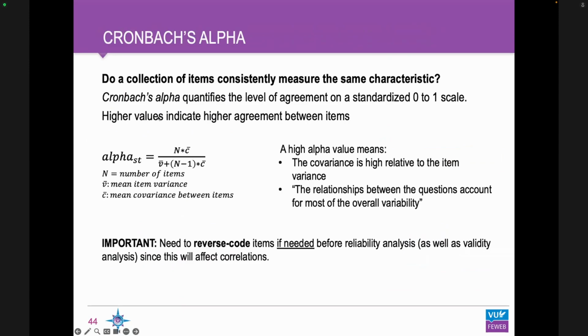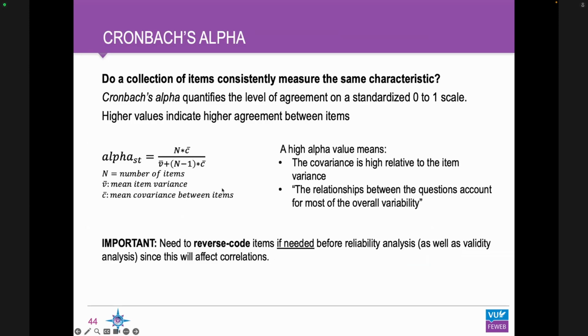And when we talk about Cronbach's alpha, the question behind this is: does a collection of items that we want to measure the construct with measure the same characteristic? Alpha quantifies the level of agreement among these items belonging to a construct on a scale between 0 and 1. So it's a standardized measure, and higher values indicate higher agreement between items.